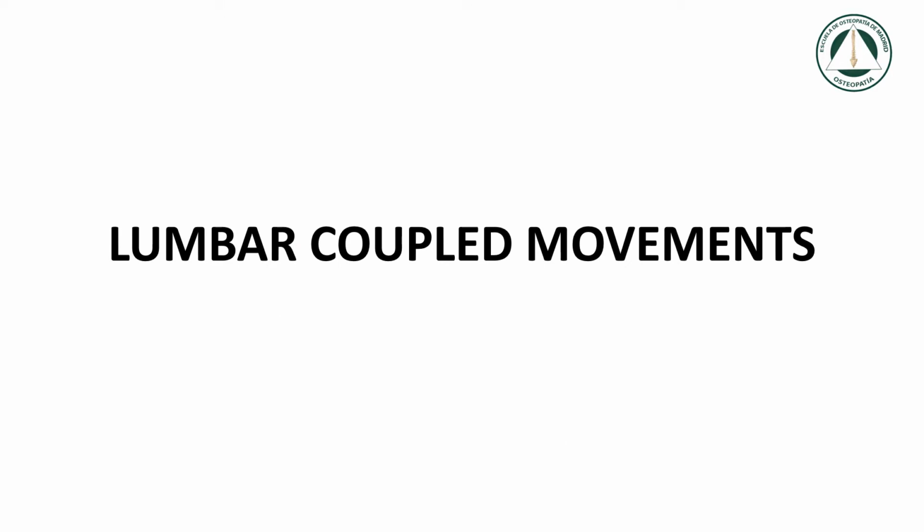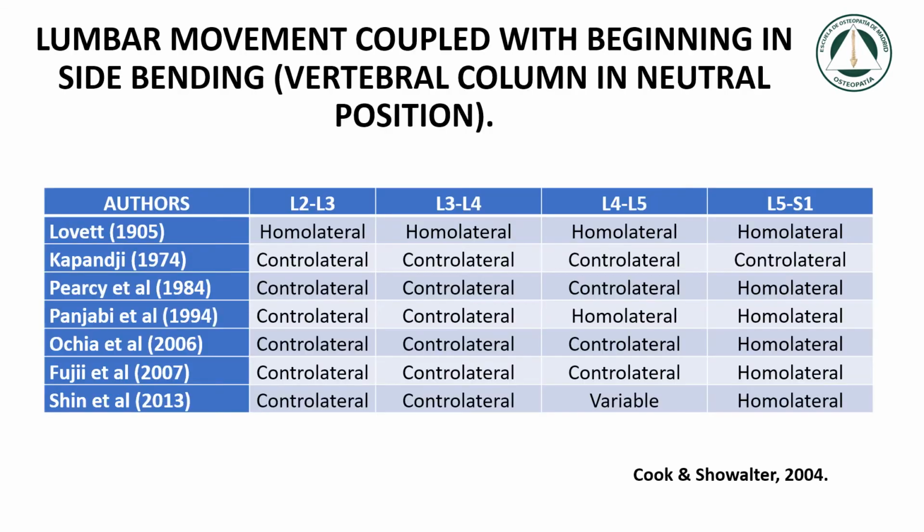Lumbar coupled movements. Let us first examine the coupled movements at the lumbar level. According to Piercy et al. 1984, in the upper lumbar spine, axial rotation is accompanied by a contralateral side bending.